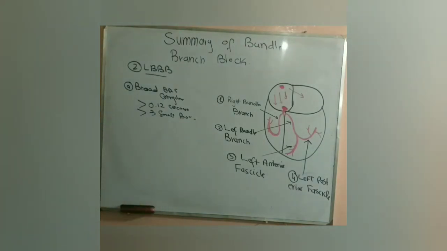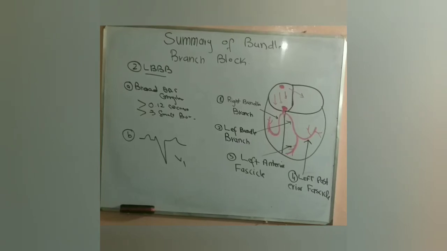If instead of a tall R wave, there is a deep S wave and a very small R wave and a broad QRS complex in lead V1, it means it is again left bundle branch block.